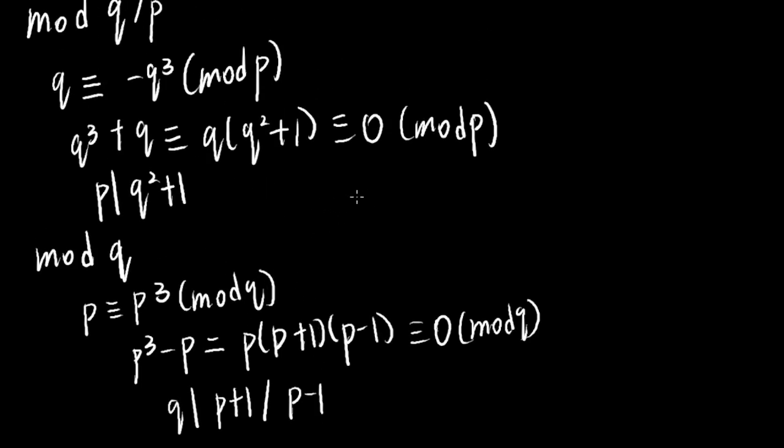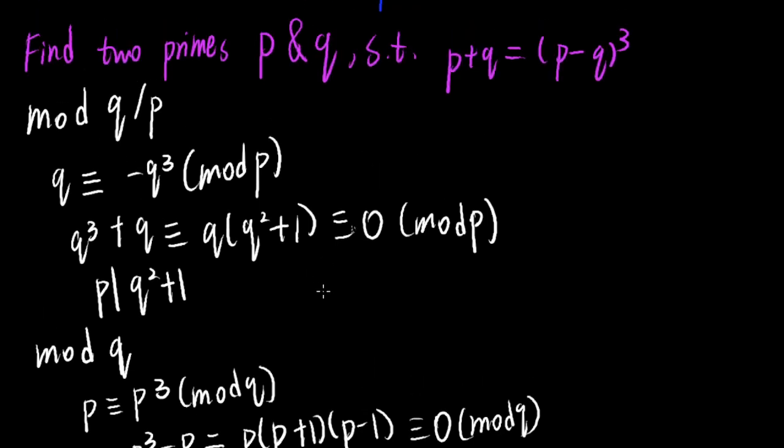Oh, by the way, we've noticed that the GCD of p and q should be 1. They are co-prime, because if they are not co-prime, it means that p equals q because they are both primes, right?